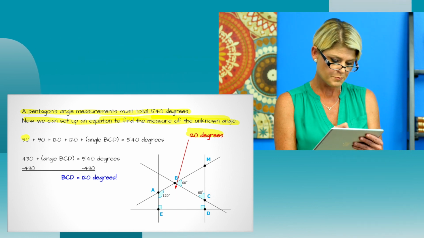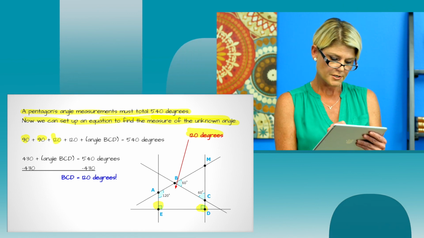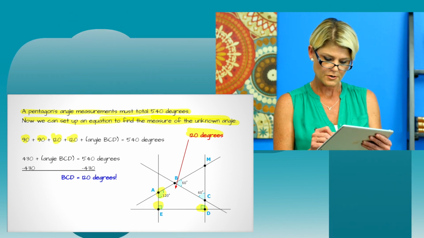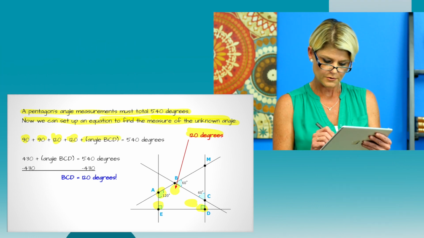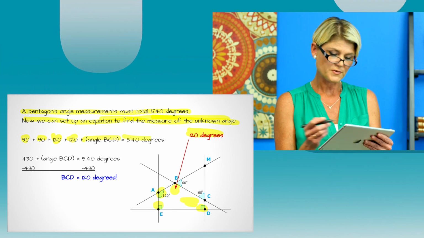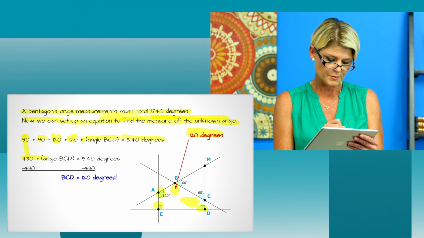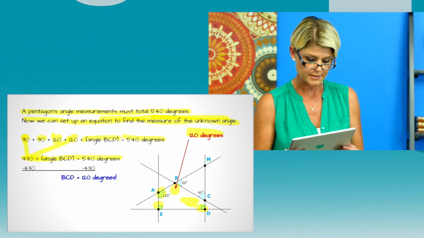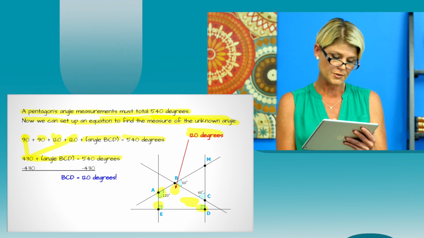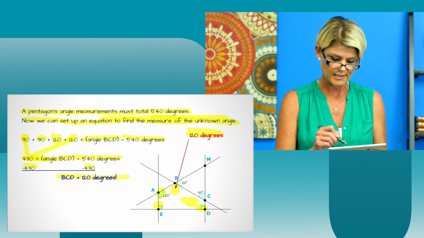So we'll do 90 plus 90, because we got 90 here, 90 here, 120 and 120, one here and one here, and angle BCD right here, we don't know what this is, equals 540 degrees. So 430, which is all these numbers added together, plus angle BCD equals 540 degrees. Subtract 430 from both sides, and we find out that BCD equals 120 degrees.